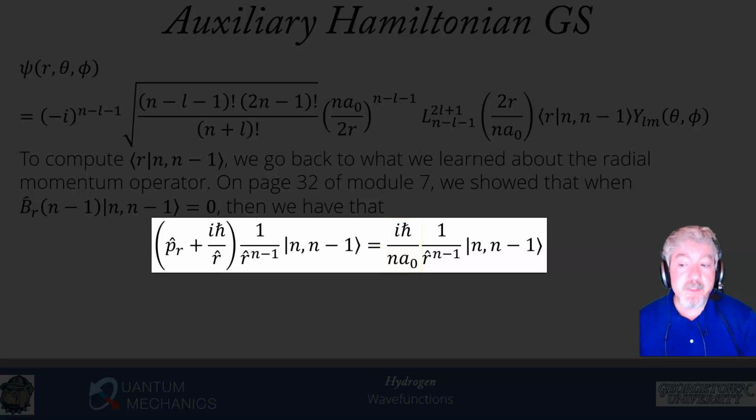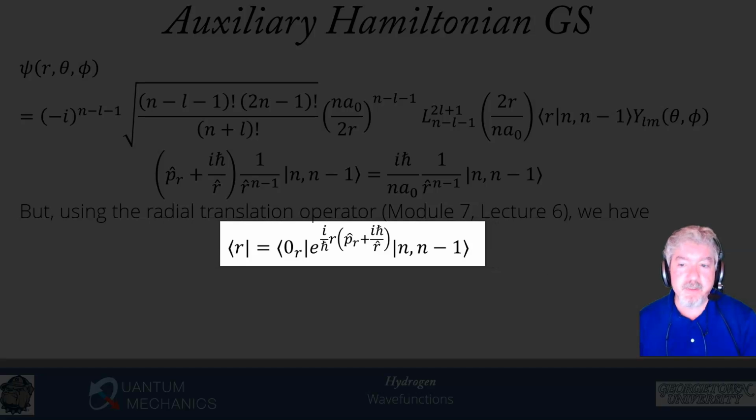All right, we're going to be using that along with the results that we had for the radial translation operator. So again, you have to go back to module 7, lecture 6. It wasn't that long ago where we worked out what the state r was in terms of the state r at the origin and the radial translation operator e to the i over h bar r number times p hat r plus i h bar over r hat operator acting on the state n comma n minus 1.